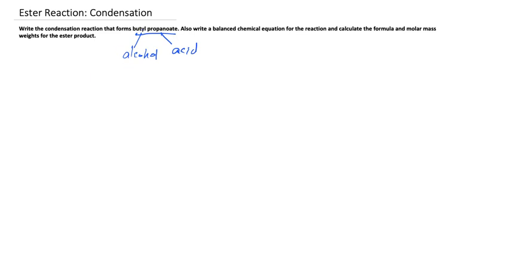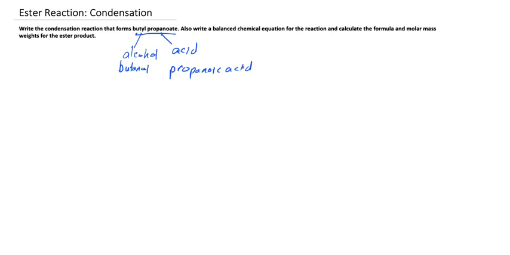So from this we know that we're going to have butanol right here. So this would be butanol. And then right here the acid on this has to be the propanoic acid.